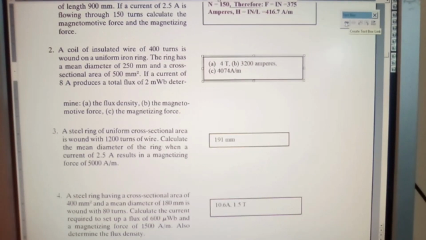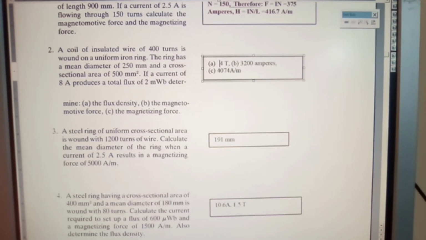No. Darn crumbs. Okay. I'm going to have to leave it for now. Before, I had to fill here, edit.